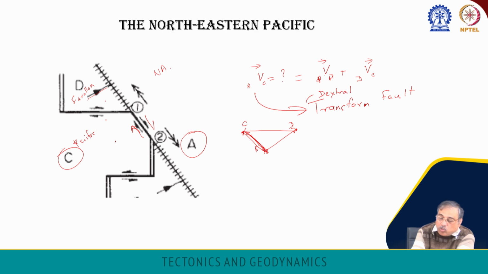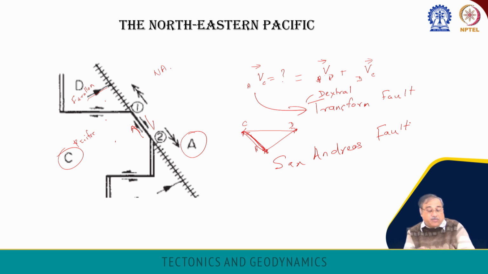Now today we have a name for this dextral transform fault. We call it the San Andreas fault. So this really is a spectacular example of how the San Andreas fault, the celebrated fault passing through the major cities of San Francisco and Los Angeles, along the western part of North America, has evolved.